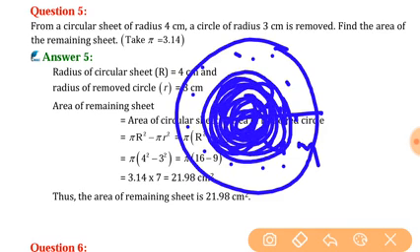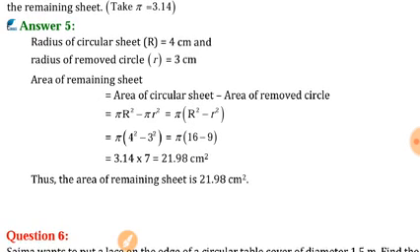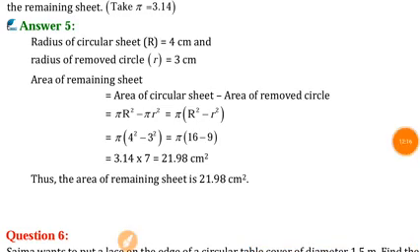So the area of this big circle with a radius 4 cm minus the area of the circle with radius 3 cm, if you find it, you'll get the remaining portion. Also, we have to use 3.14 as pi.